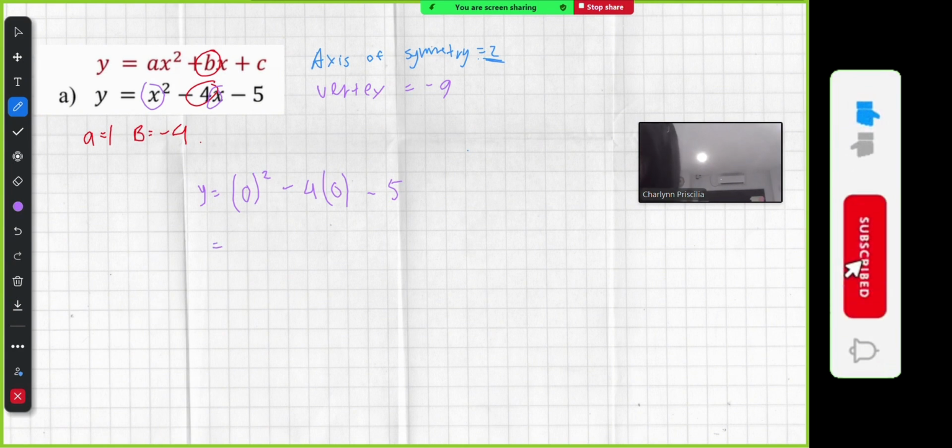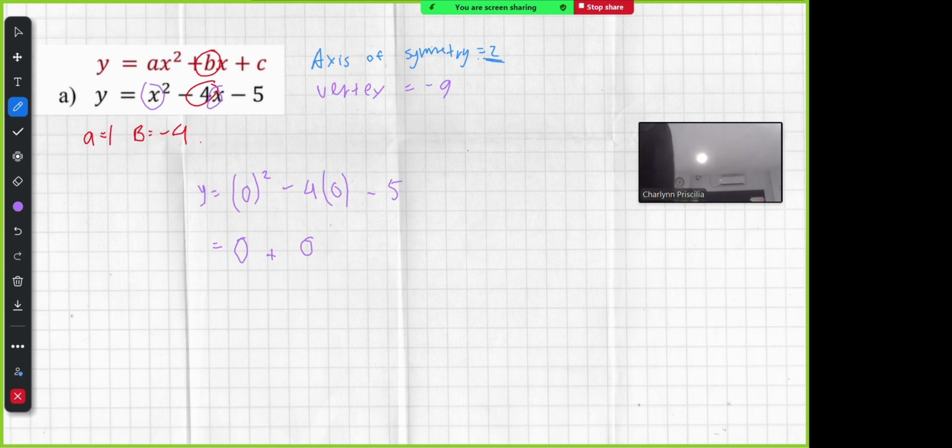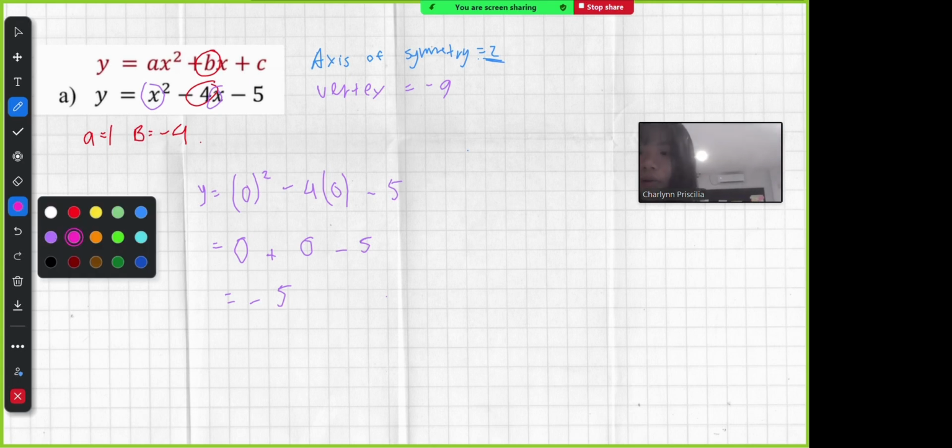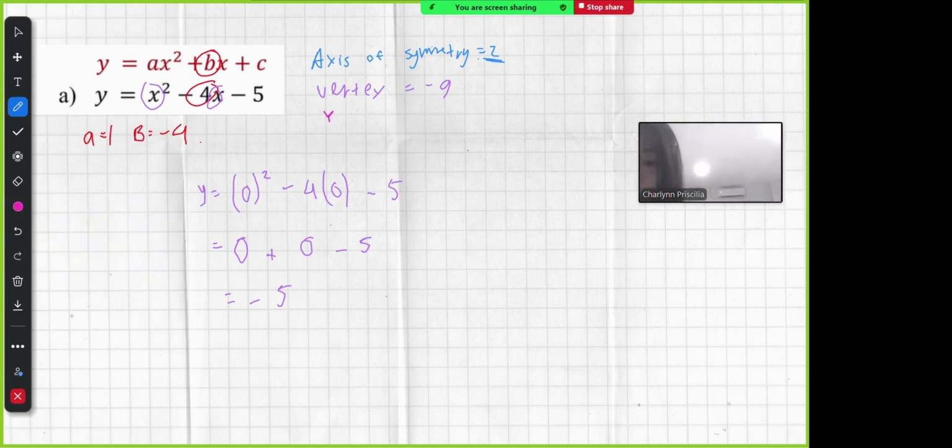As you know, it's going to be 0 minus 0 minus 5, and it's going to give us a total of negative 5. So therefore, our y-intercept will be 0, negative 5.